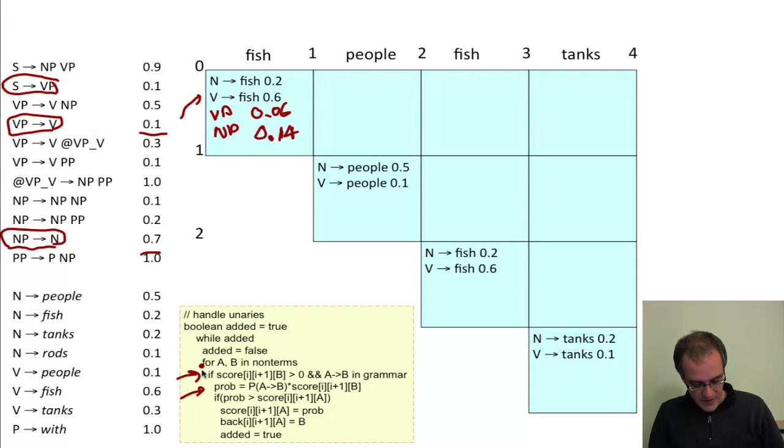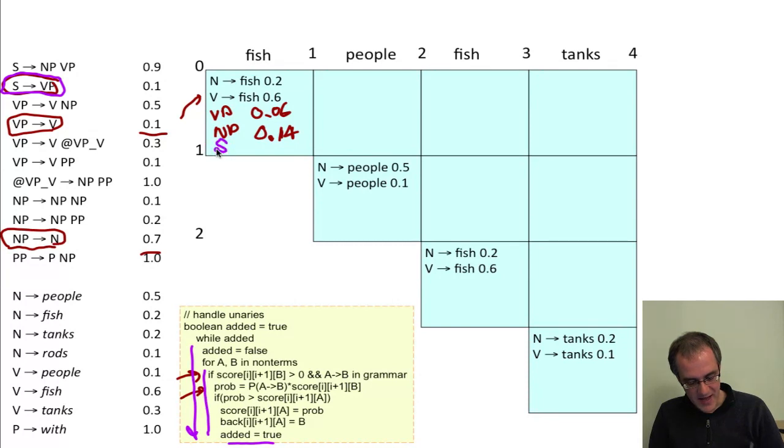But after we've been through all of the rules for non-terminals, we then say, well, we have added some new things, so added is true, and so we'll do this whole while loop once more. We need to do that because we also discover that we can apply a second layer of unary rules and build an S over this span.